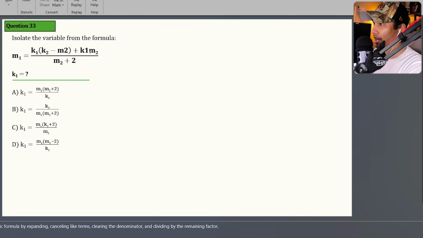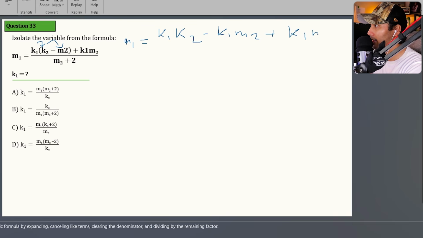Okay, so we have m1 equals k1, k2 minus m2 plus k1 m2 over m2 plus 2. The first thing I would do here is distribute this k1. So we have m1 equals, distributing it right now, k1 k2 minus k1 m2 plus k1 m2.